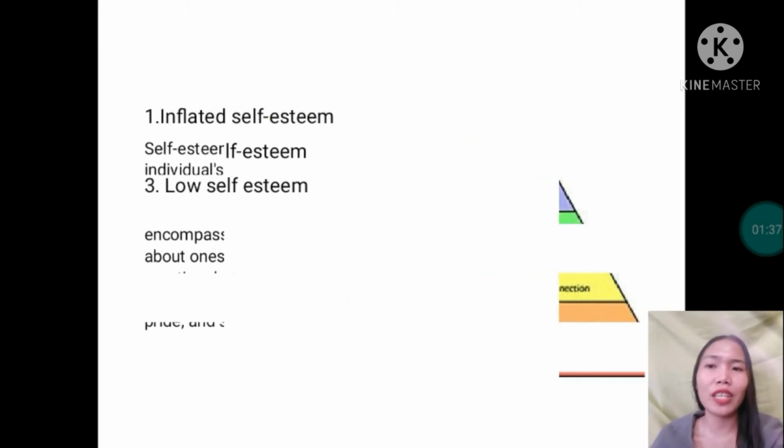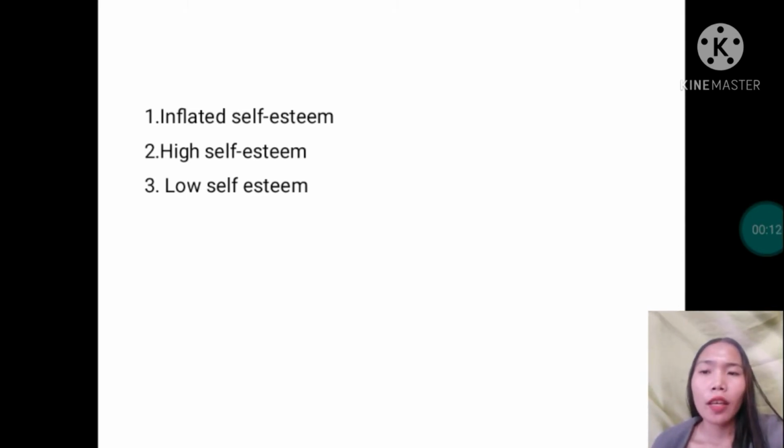Then, we have the three types of self-esteem. First one is inflated self-esteem, second one, high self-esteem, and lastly, low self-esteem. So first one, inflated self-esteem. So when persons are full of confidence that they want to be better than others, at ayaw nila na mahihigitan sila ng iba, kaya gusto nila na sila parati nasa itaas.